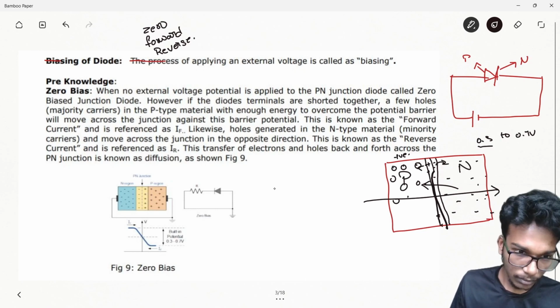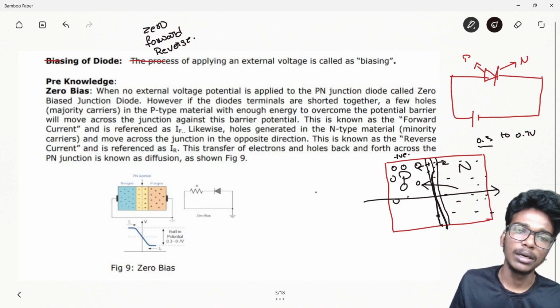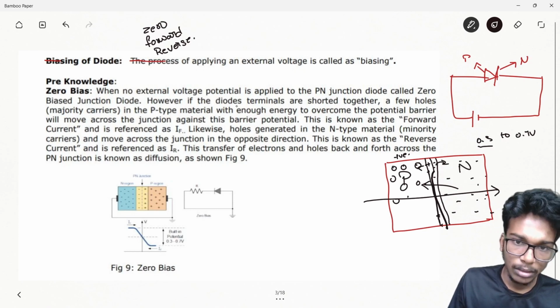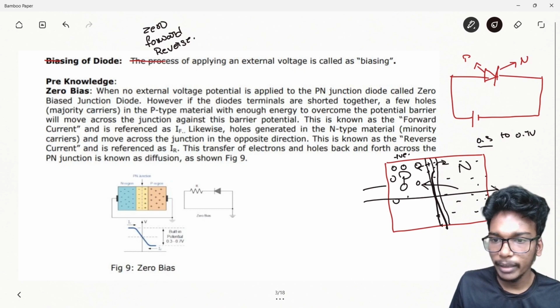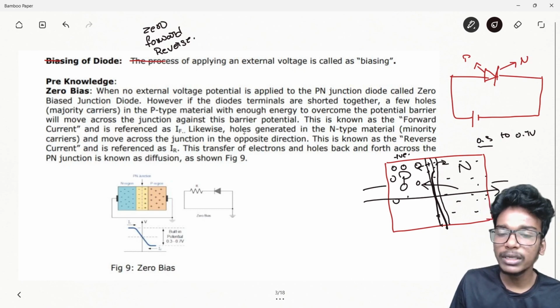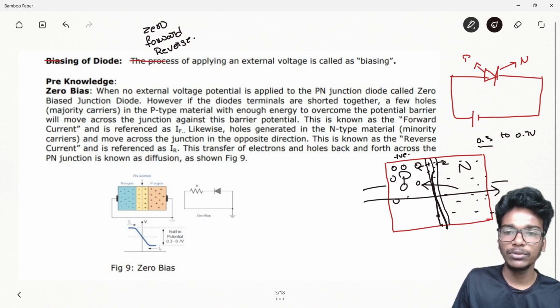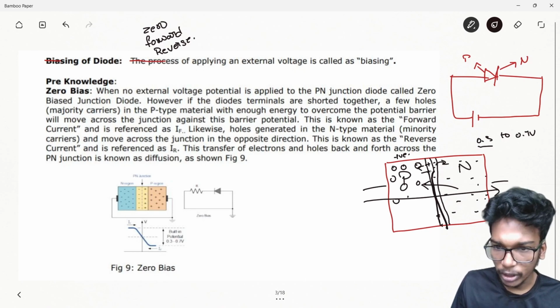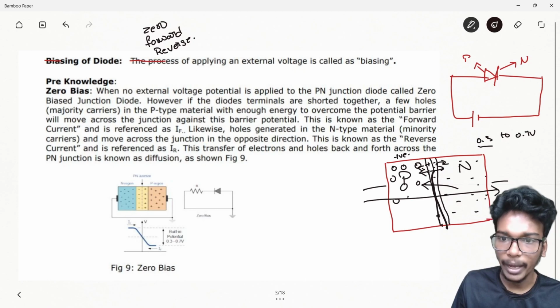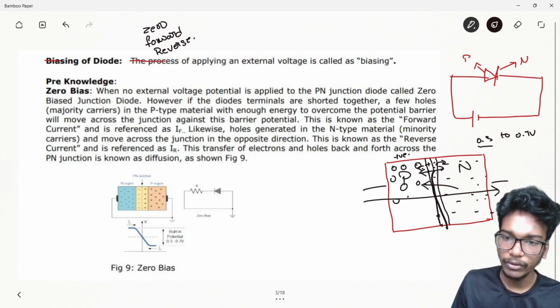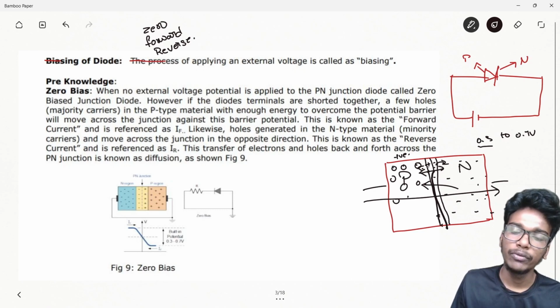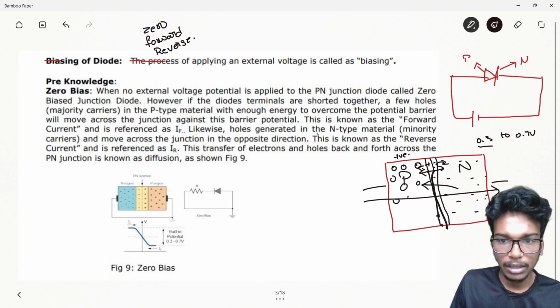That means if you connect both the P-type and N-type to the same terminal, it will receive some amount of grounding voltage, which is enough to break this potential barrier. This is also known as the potential barrier, because we have to overcome this barrier for the flow of current, right? If we are able to break this, then current will flow.